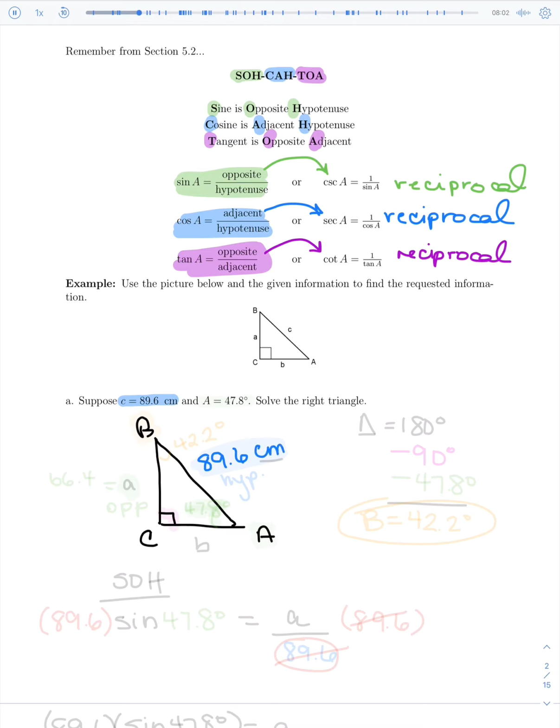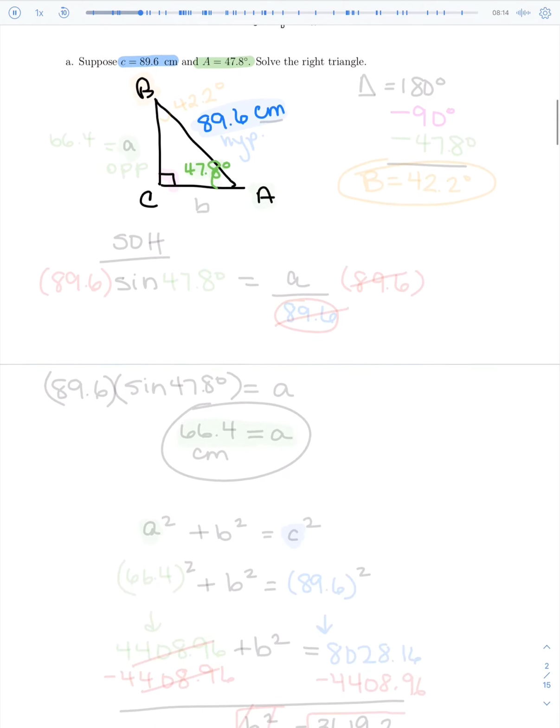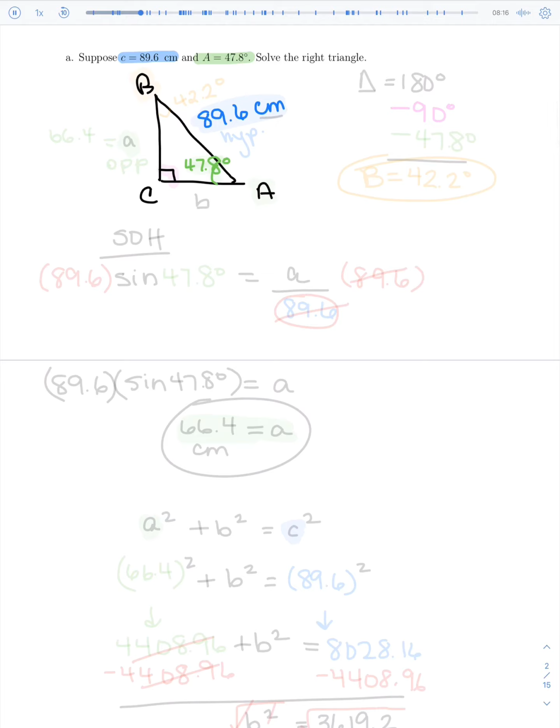And they also tell us that angle A is 47.8 degrees. So this angle right here is 47.8 degrees. Now, what's really nice is because we have 2 out of the 3 angles, we can find the third, because remember, all the angles in a triangle need to add up to 180.